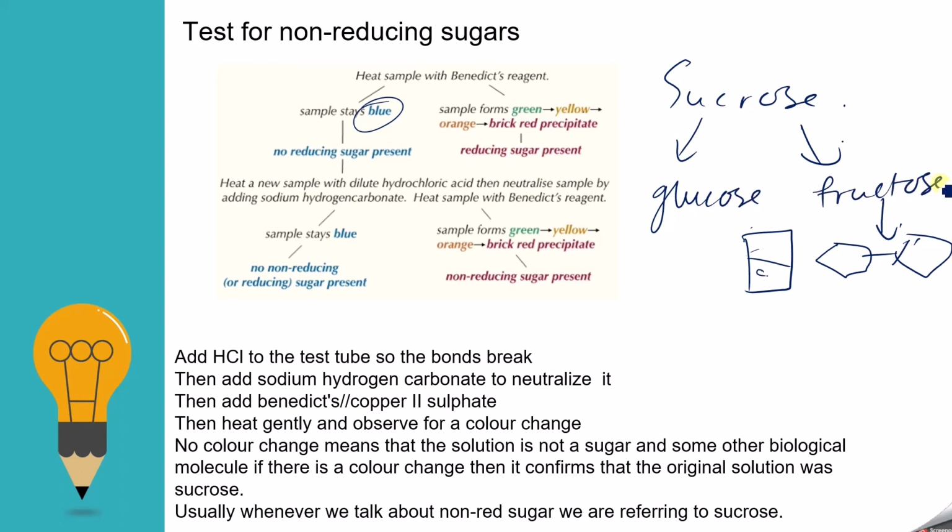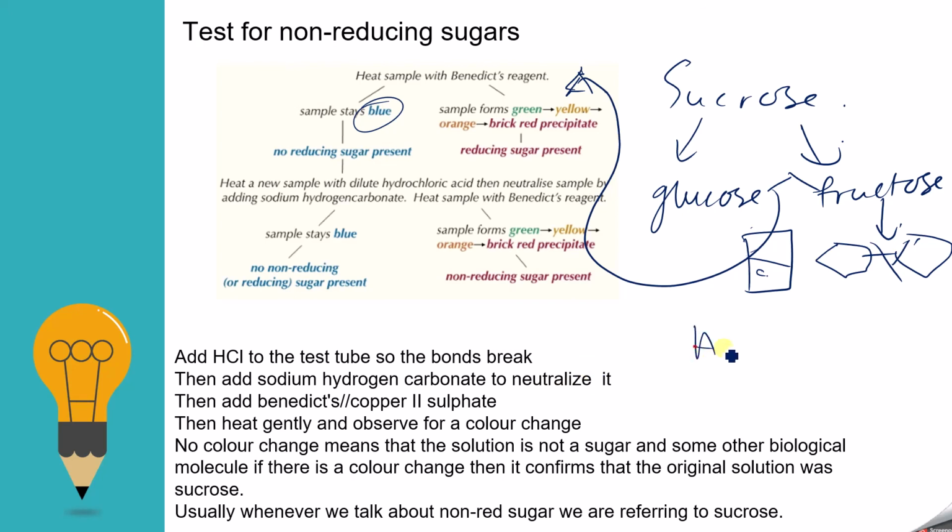And as we know these two are both reducing sugars, it can go through this test as normal again. So I'm going to add hydrochloric acid to break the bonds of the sucrose, so we get the two monosaccharides which are reducing sugars, and then add sodium hydrogen carbonate to neutralize it.